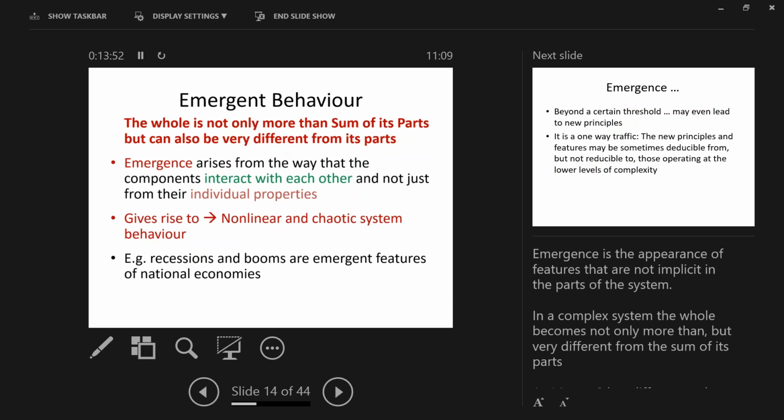In fact, emergence arises from the way that the components interact with each other, and not just from their individual properties. And emergence does give rise to nonlinearity and chaotic system behavior, and there are numerous examples of such emergent behaviors. One example is, of course, recessions and booms are emergent behaviors of national economies.